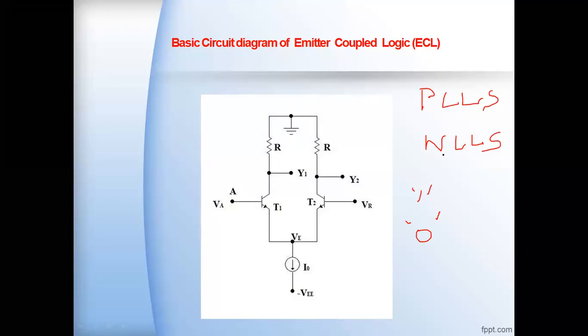How? Because the collector is maintained at the ground level of 0 volts and the emitter is maintained at negative voltages, which means it looks like a positive logic level system.